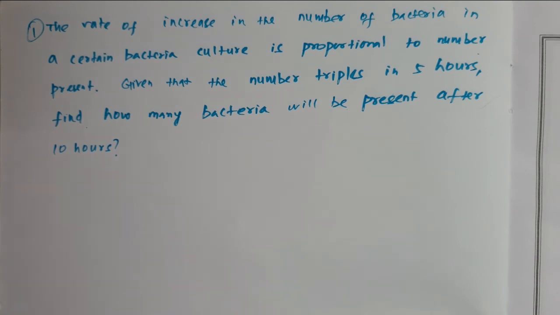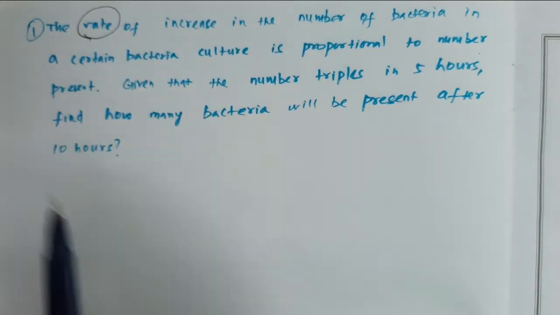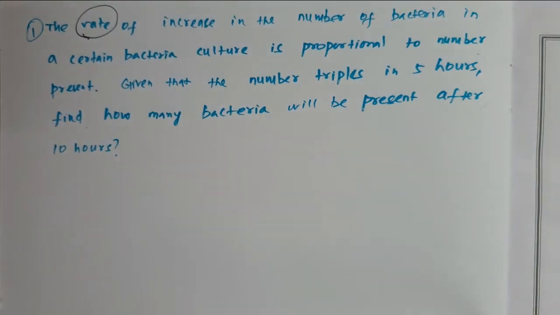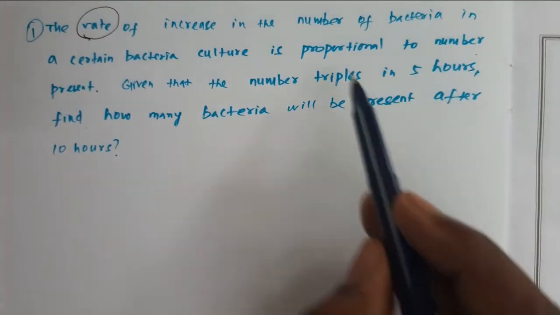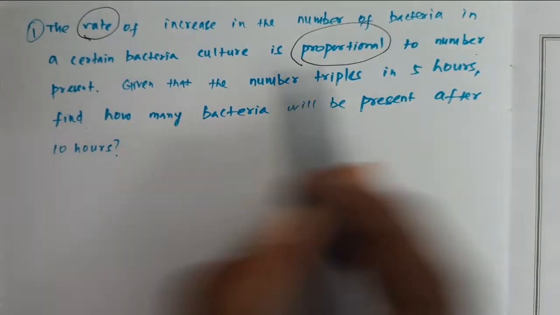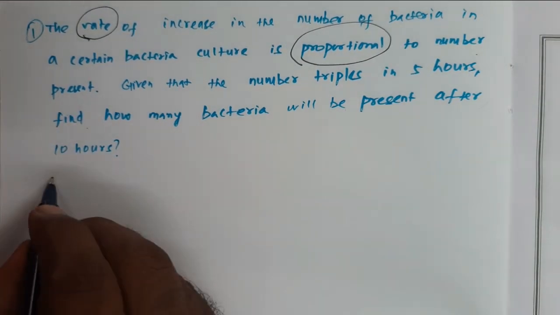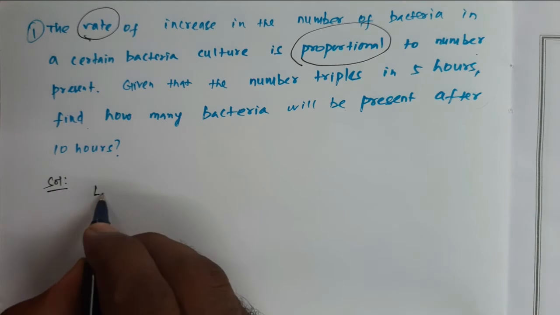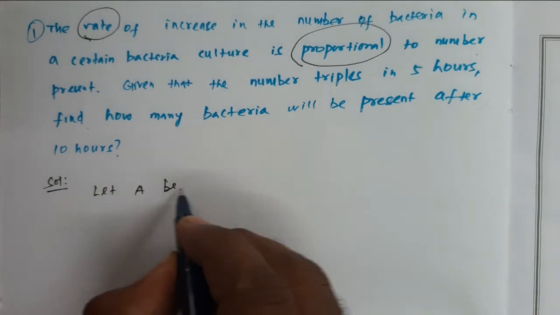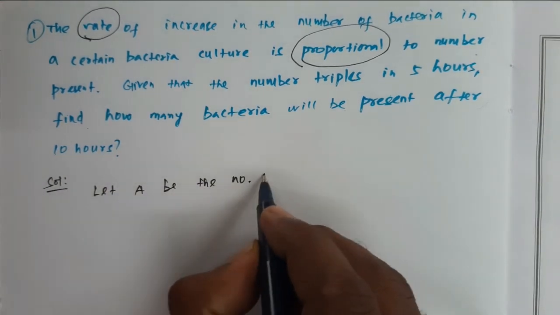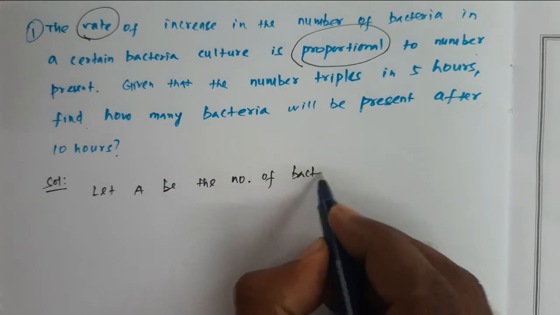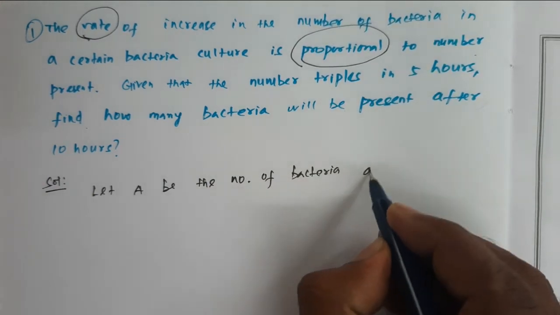So the given information: the rate of change of the number in a culture is proportional to the number present. Solution: let A be the number of bacteria at time t.